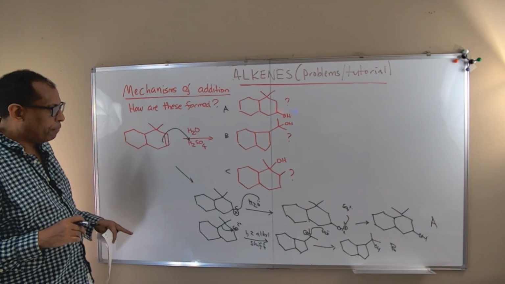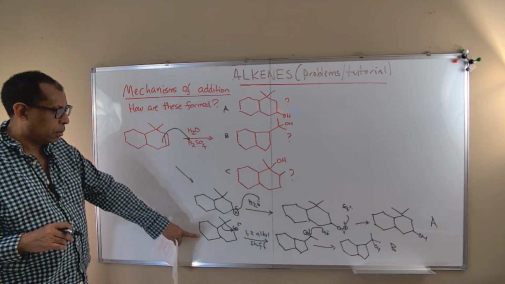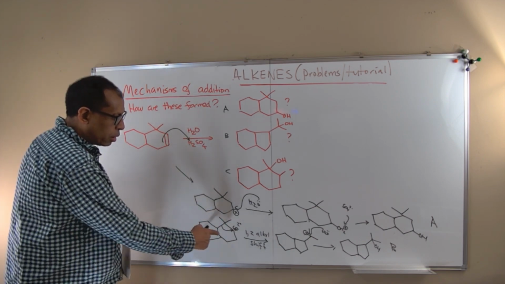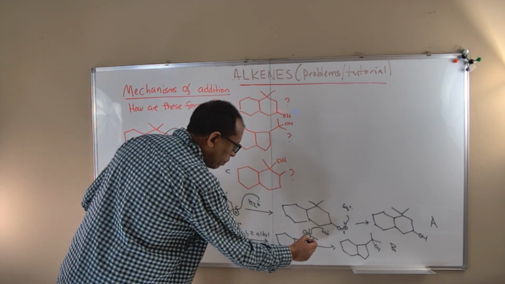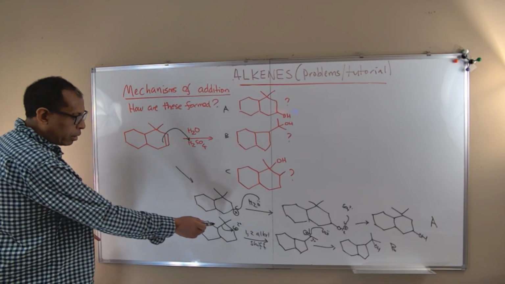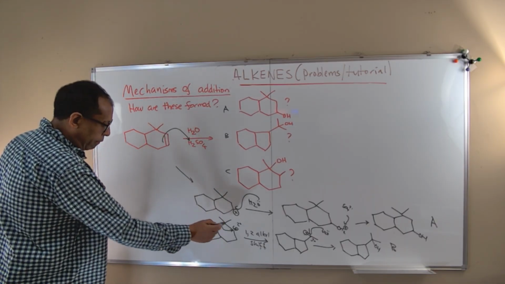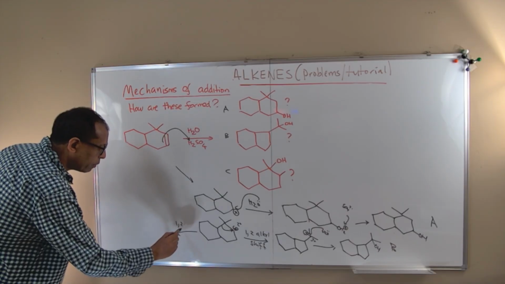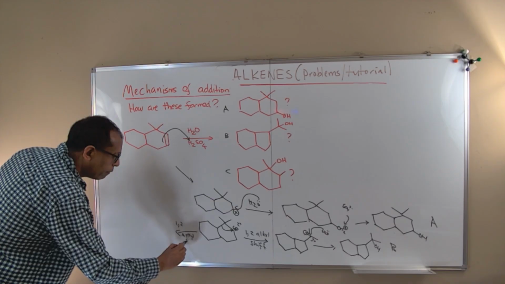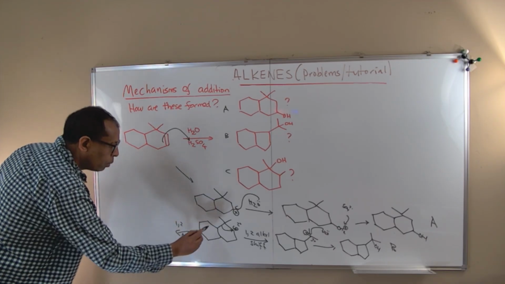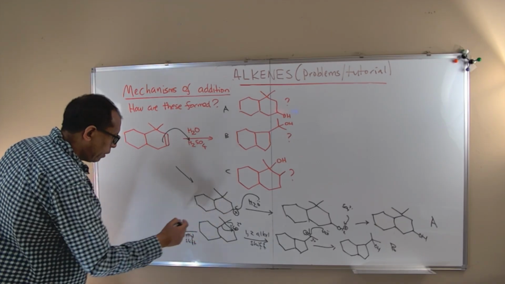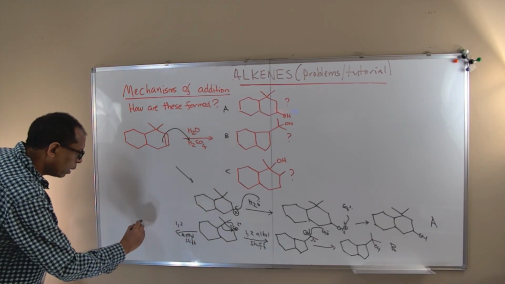But if you just do this also, on this carbocation, which is secondary, now this is tertiary, and instead of an alkyl shift, if you do, for example, a methyl shift, a 1,2 methyl shift, one of these methyls migrates to this, and you will have a carbocation which looks like this.